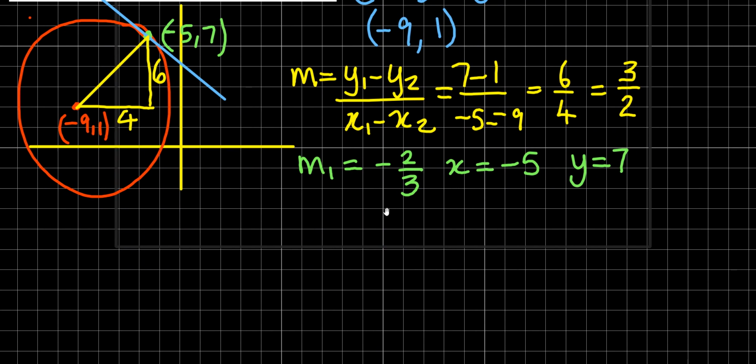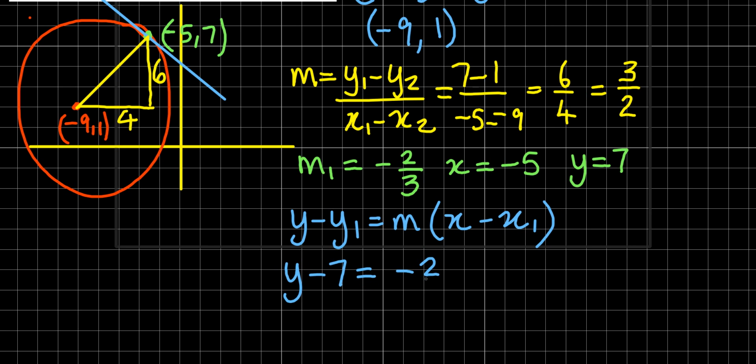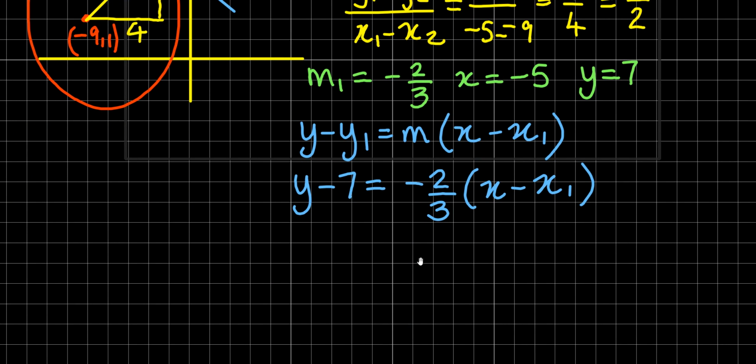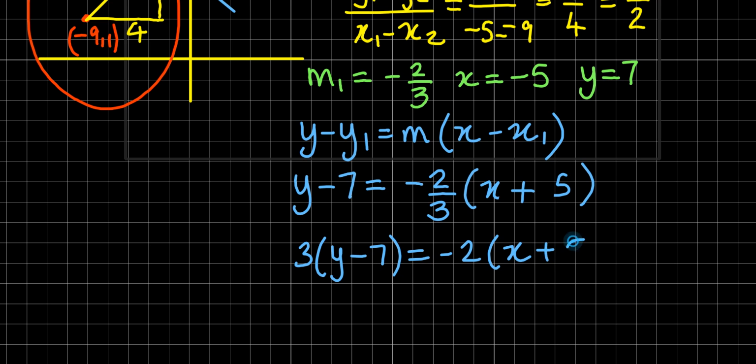So what we're going to now do is write the equation. y minus y1 equals m(x minus x1). So y minus 7 equals minus 2/3 (x minus x1). When we put all that together, that's a minus 5, which would be plus 5. So we have 3(y minus 7) equals minus 2(x plus 5).